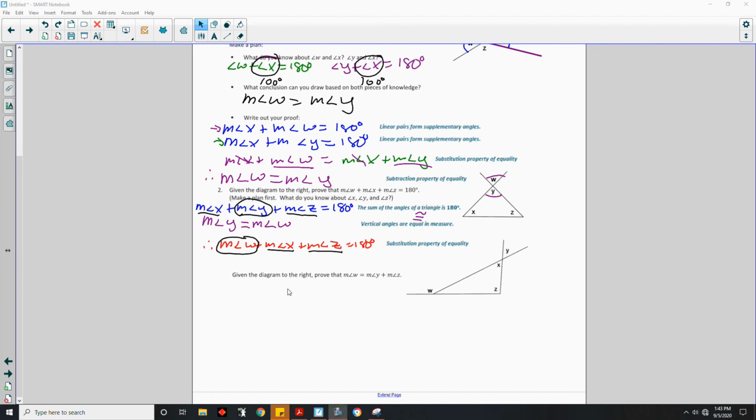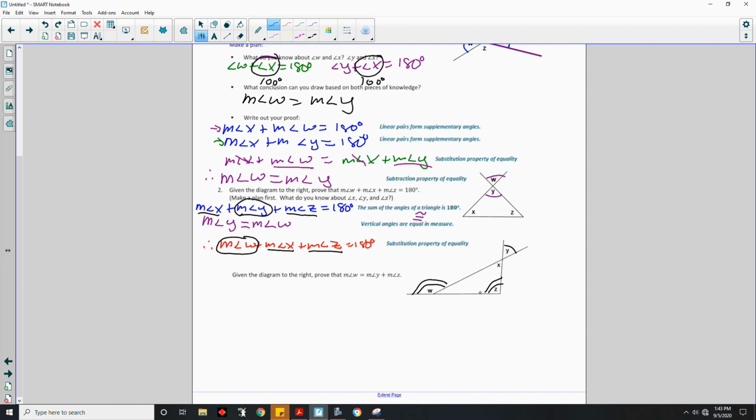Okay, the next one says, given the diagram to the right, prove that the measure of angle W equals the measure of angle Y plus Z. So we're proving that this angle here equals Y plus Z. Oops, that's messy.